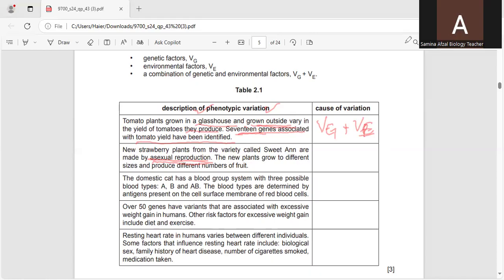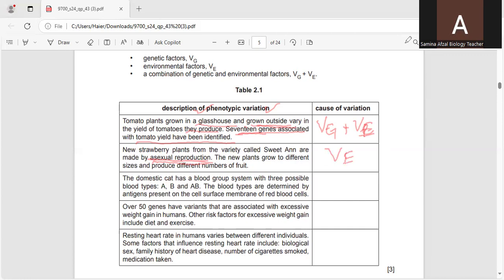When there is no fusion of gametes, there will be no variations produced as a result of gene variations. So only the environmental factors are involved in it. So we will write VE.